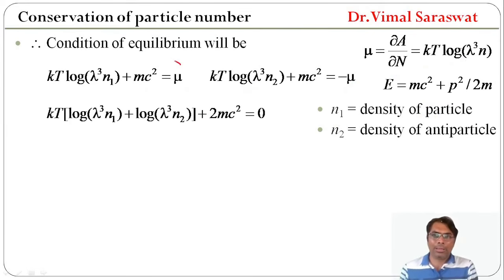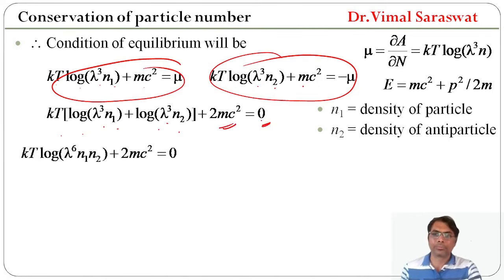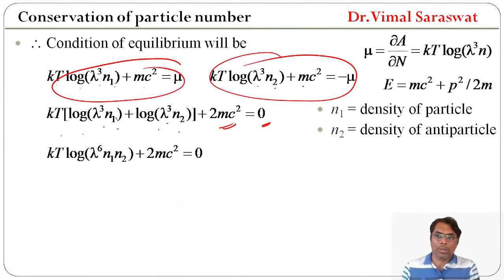Now, if we add these two equations, then kT log lambda cube n1 plus mc square plus kT log lambda cube n2 plus mc square equal to 0, or kT log of lambda cube n1 plus log of lambda cube n2 plus twice mc square equal to 0. Now, by using log m plus log n equal to log m into n, this will be log of lambda raised to 6 n1 n2.